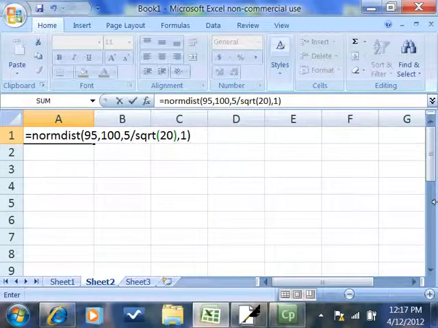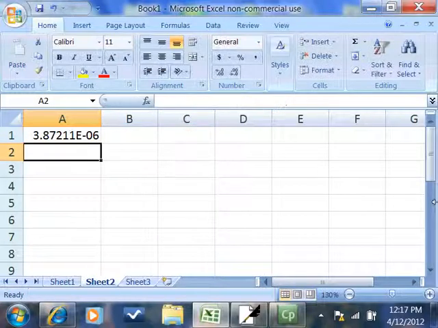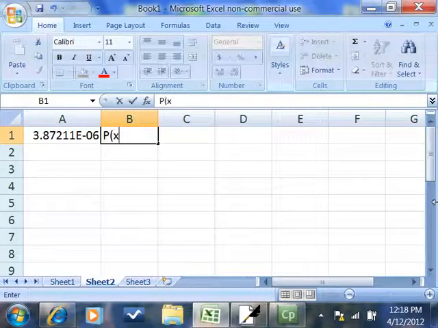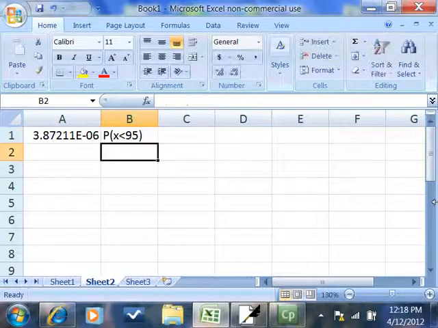So it's exactly the same as what we did with the one whatevers, except for the standard deviation we have to divide by the square root of n. And of course, I'm making numbers up, so this is x is less than 95.